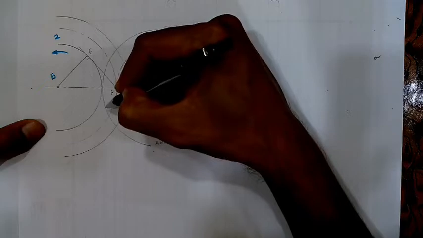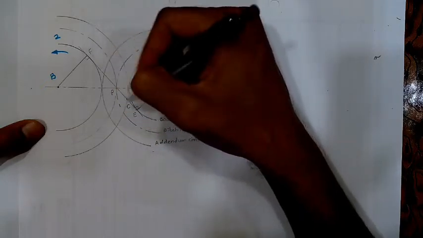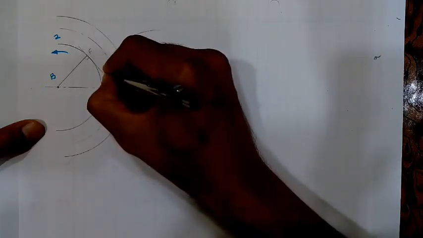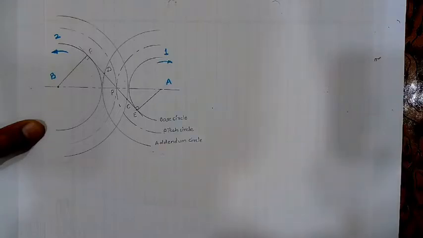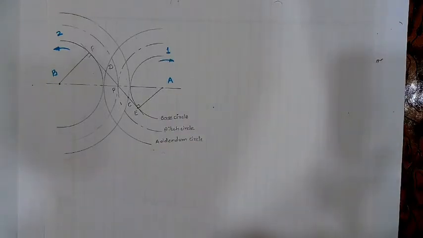So the addendum circle of the pinion intersects the EF line at this point, let it be point D. So D is the point where the contact between two mating teeth breaks.